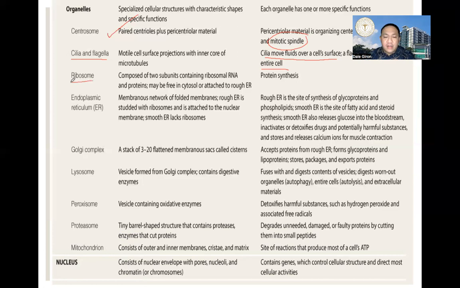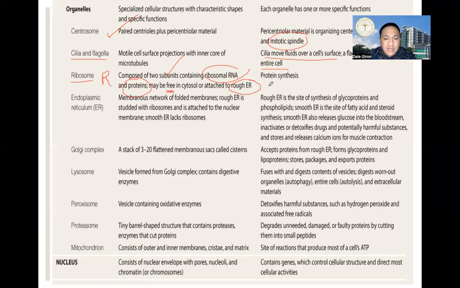Ribosome. Okay, ribosome is composed of two subunits containing ribosomal RNA and proteins. It may be free in the cytosol, but if the ribosome is attached, it is attached in the rough endoplasmic reticulum. Very nice to remember. If they are not attached, they are called free.